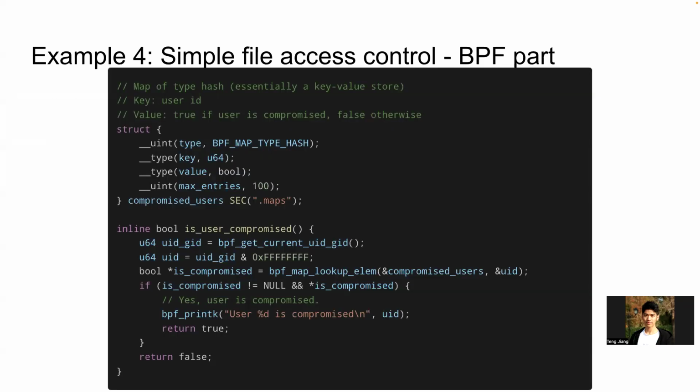Let's see the code actually. This map is to keep track of whether the user is compromised. If the user is compromised, its value is a bool, true. The key is the user ID, which is 64 bytes. And then if it's compromised, what are the hook points?